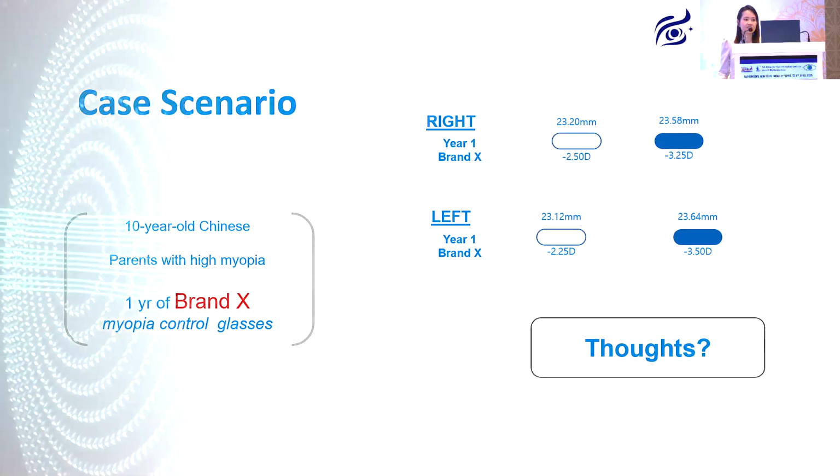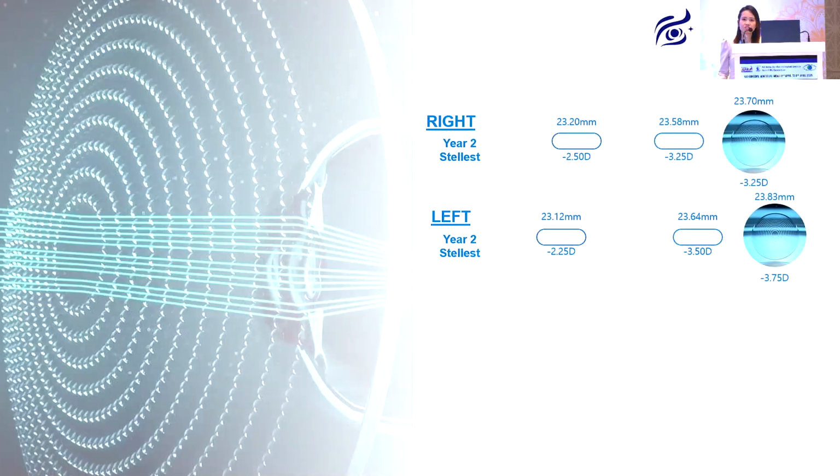So in this case, I changed the patient from brand X glasses to Stellest Essilor lenses, and you can see that the slowing down of myopia progression is significant. After switching treatment, the patient has stability in terms of degree itself, or minimal progression.